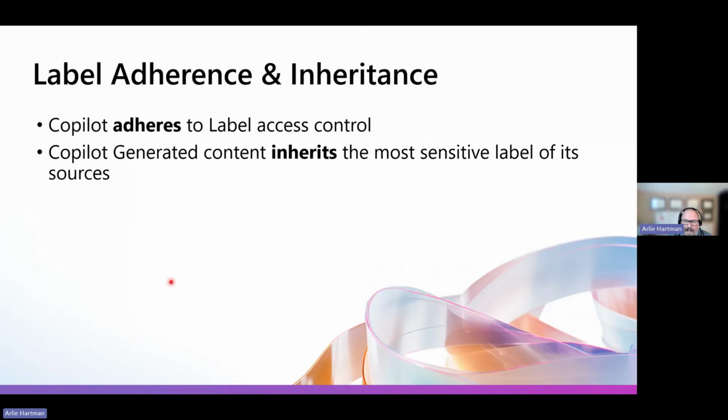So if we talk about how Microsoft Copilot leverages or uses labels, I want you to think of two key pillars: label adherence and label inheritance. Adherence and inheritance. So Copilot adheres to the label access control, meaning that if we have a label and it's scoped to only allow this group or this user to see those files and interact with them, then let's say Michael is part of a group that's part of a secret project called Project Falcon, and I am not.